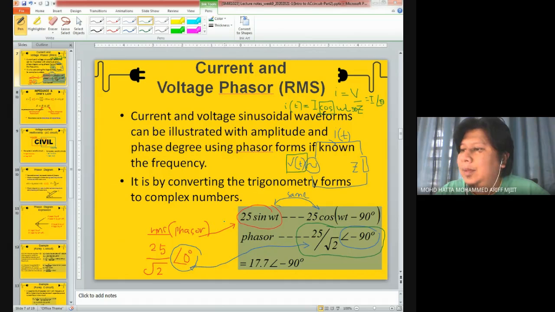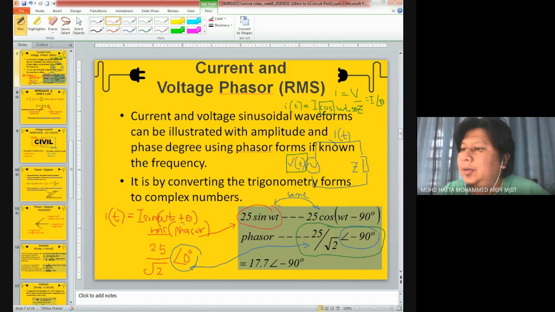And if you use sine to represent your voltage, then i(t) later on should also be based on sine: I sin(omega t plus or minus theta I).